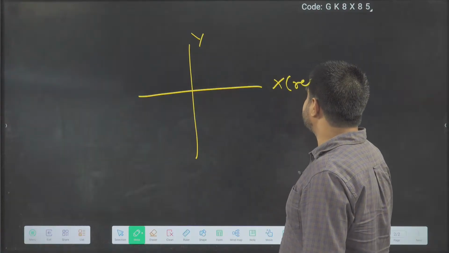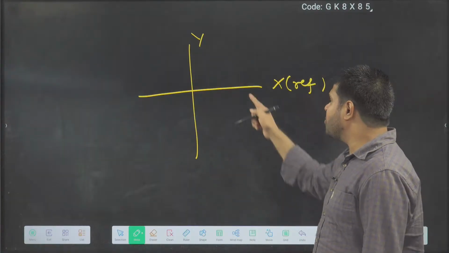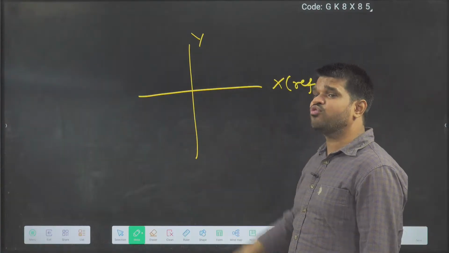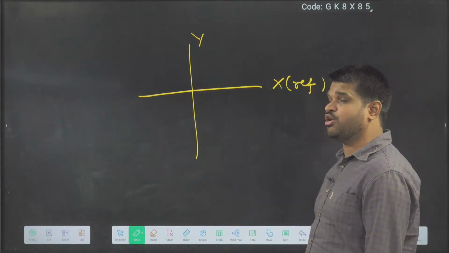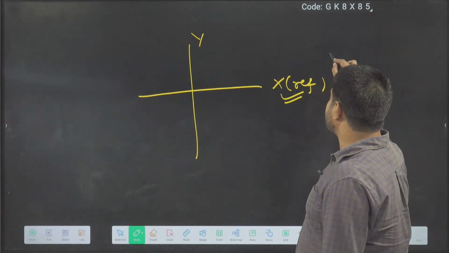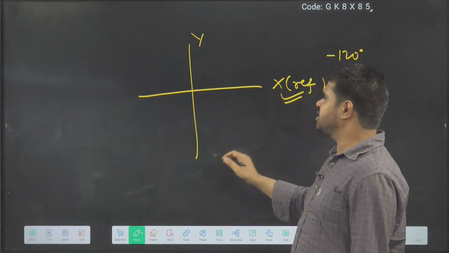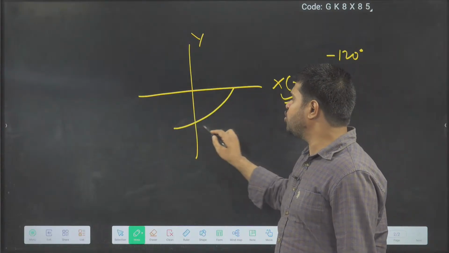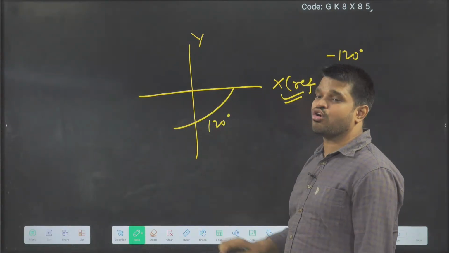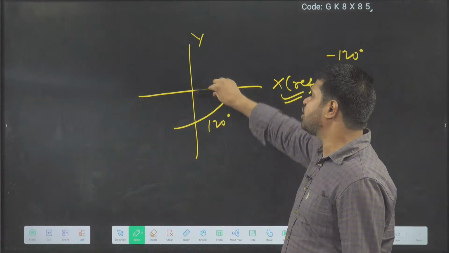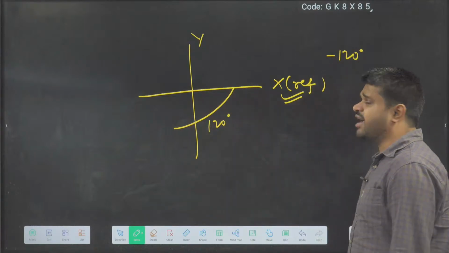This is my reference axis. From this reference axis, I need minus 120 degree, so I have to go 120 degree clockwise, not anti-clockwise, because a negative angle is clockwise.